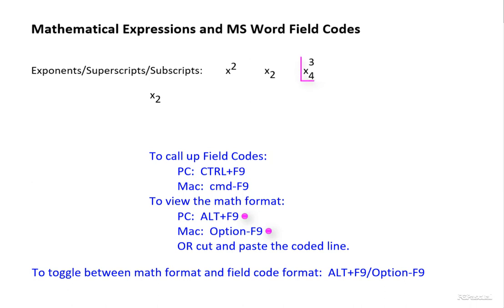To get an expression like x sub 4 cubed, which has both a superscript and a subscript, type x first. Then we call up the field code brackets. Type EQ space backslash S. Okay, this time we don't say up or down. Actually, it would not matter. Open parenthesis.